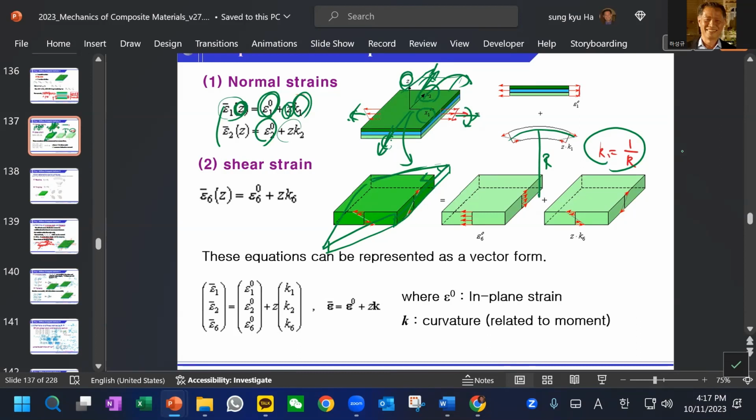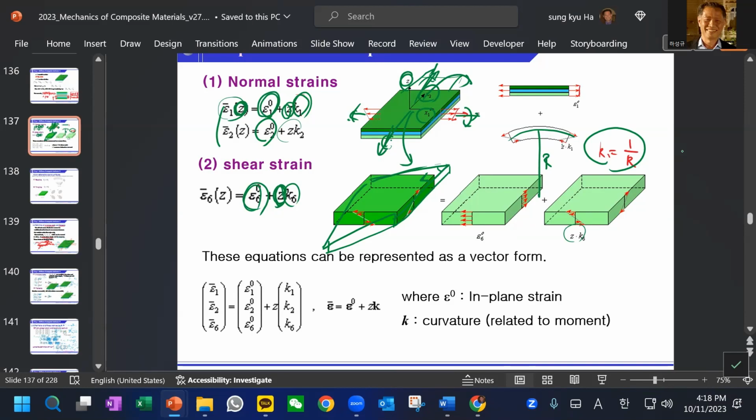So all the shear strain will be the same in each plane, but the shear strain can vary through the thickness. Very similar concept to the curvature. So this is also called twisting curvature. Sometimes it is easier to understand by mathematics: that's Z and curvature, and this is the in-plane.